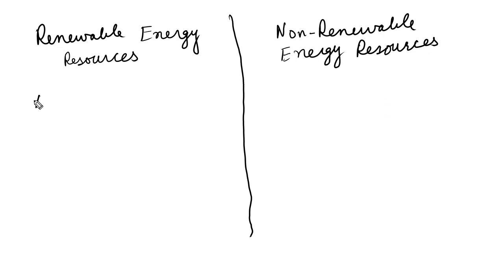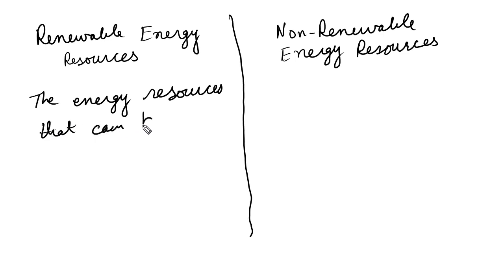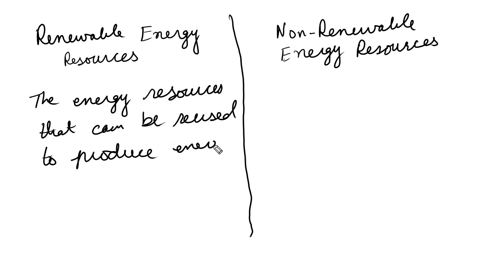So I'll write it here. The energy resources that can be reused to produce energy are called the renewable energy resources. So these renewable energy resources could be the wind that can be reused to produce more energy.